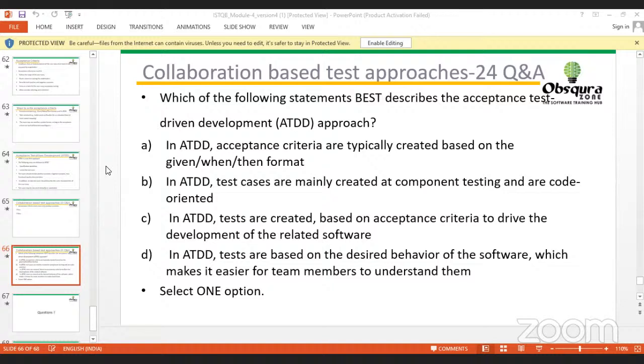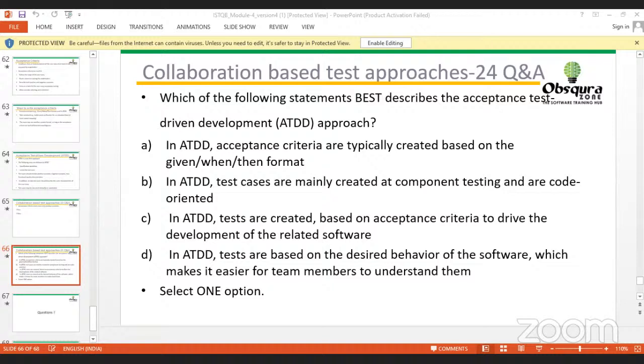So, one more clarification I had from yesterday's topic. Yesterday I gave you a wrong answer, I think. So are you able to see my screen now? Success factors for reviews.